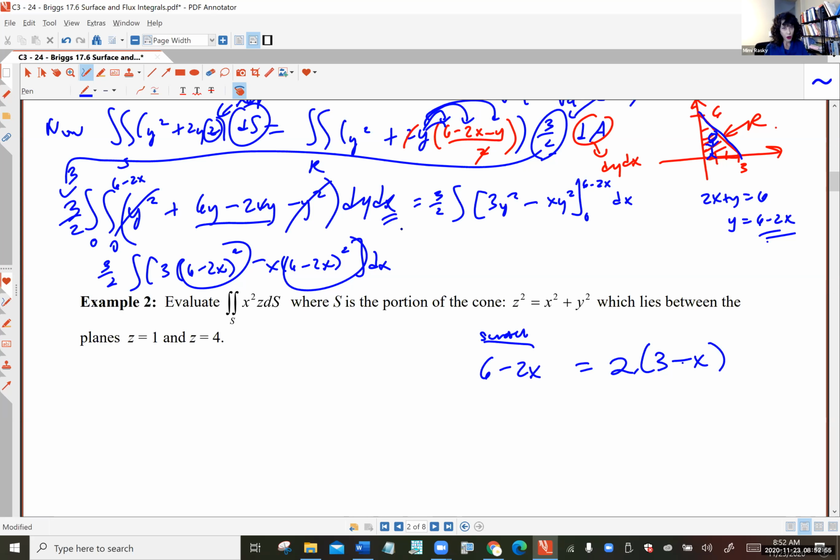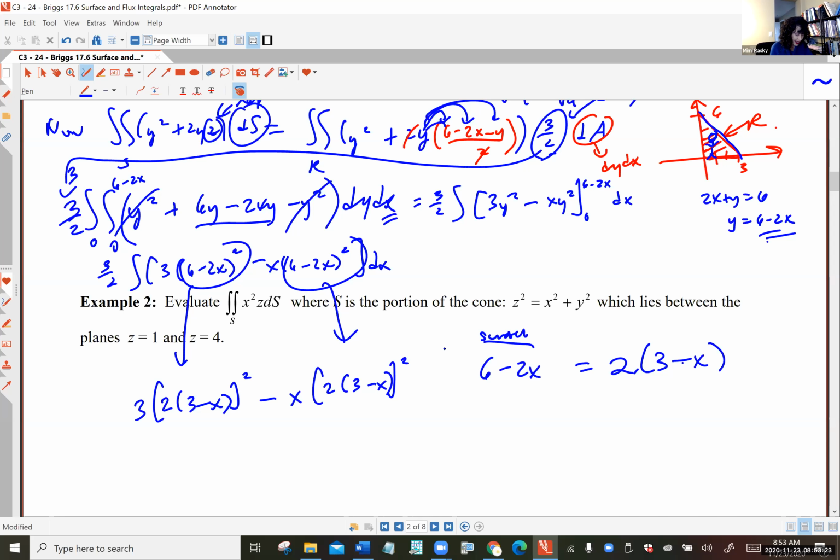But if you want a quick little trick, and this doesn't always work, depends on the problem. What I'm noticing here is that this 6 minus 2x squared is really 2 times 3 minus x, getting squared. And then I have minus x. And then this other 6 minus 2x getting squared is 2 times 3 minus x, getting squared. Okay, so what?